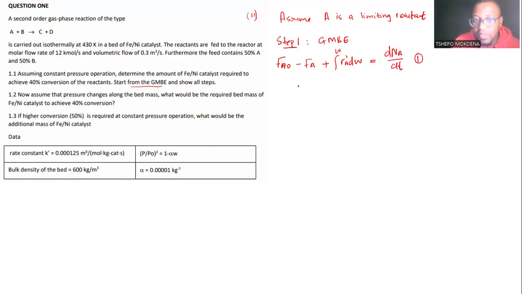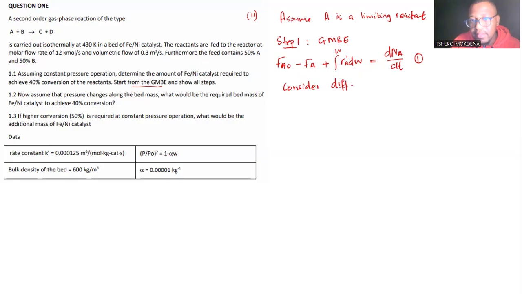Now, after doing this, what we're going to do is consider this general mole balance equation for what type of reactor? For a packed bed reactor. So meaning we will be considering this for a differential length or differential mass, right?